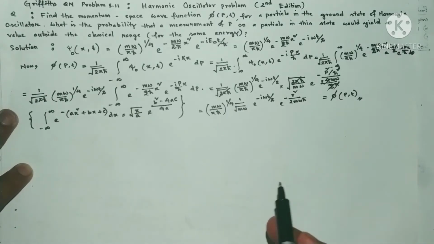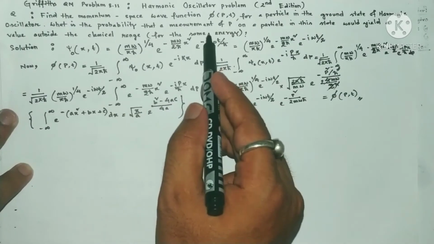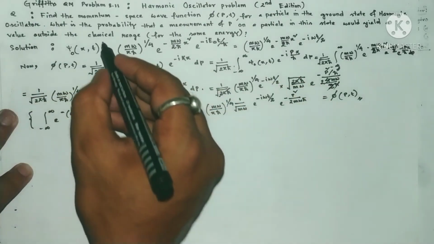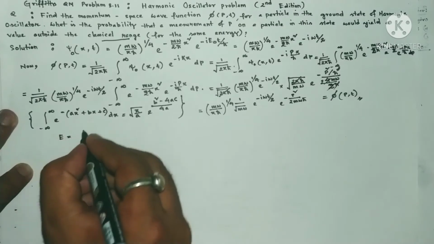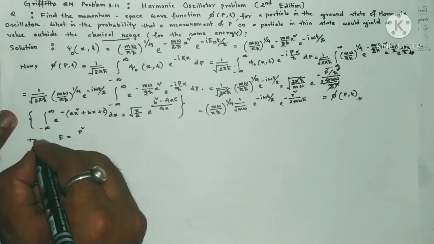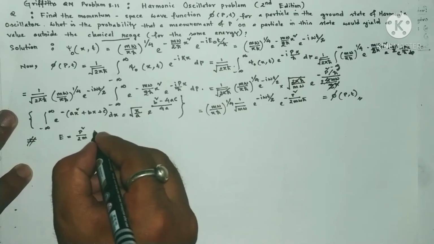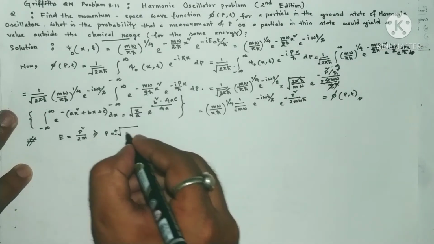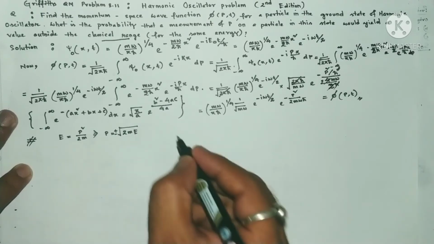Now in that wave function, what you have to find? The probability that a measurement of p on a particle in this state will yield a value outside the classical range. So what we know is energy is given by p square by 2m, right, and p you can write as plus minus under root 2 m E, right?